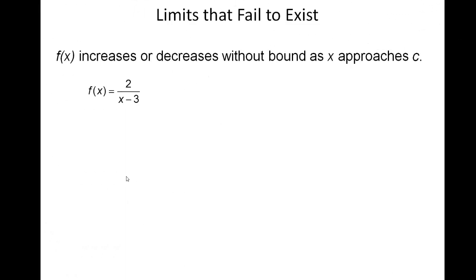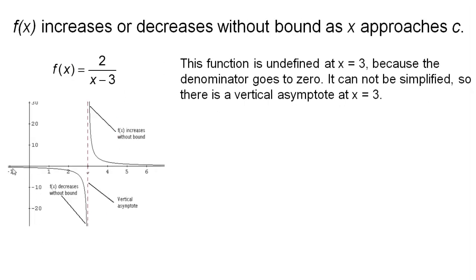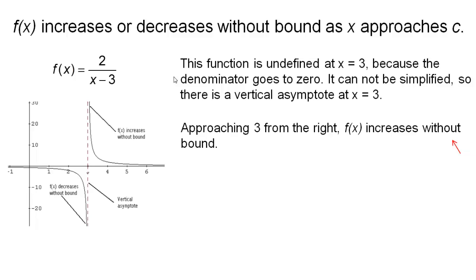Let's look at the case where the function increases or decreases without bound. So here's a function f of x equals 2 over (x minus 3), another rational function. If we approach it from the left-hand side and we're approaching the value of x equals 3, the function is undefined at 3 because the denominator goes to 0. And this is a vertical asymptote.